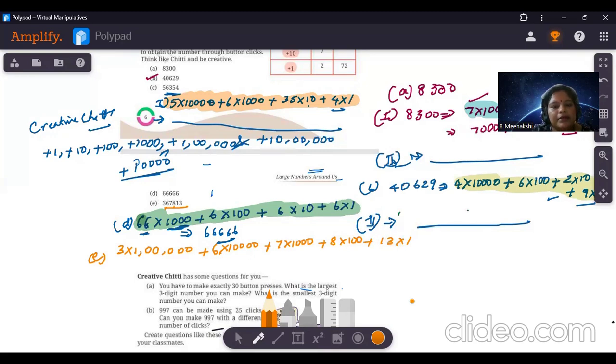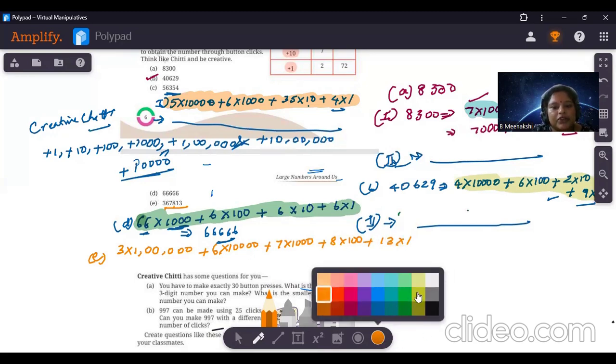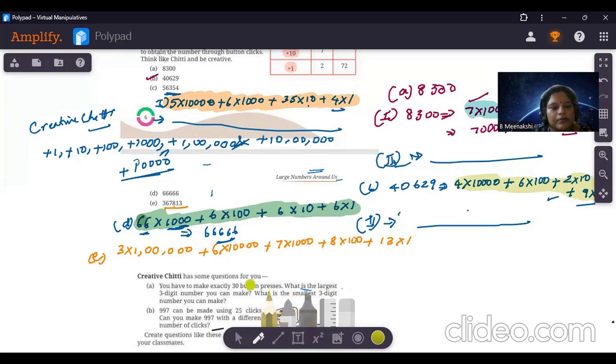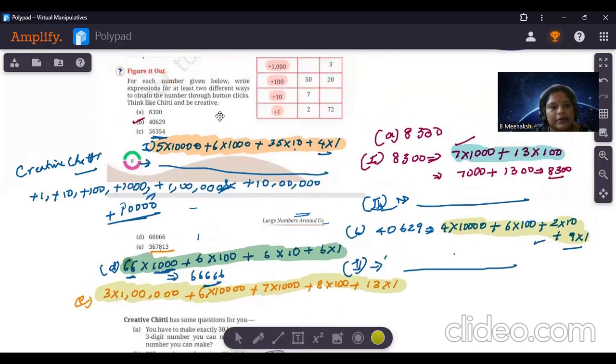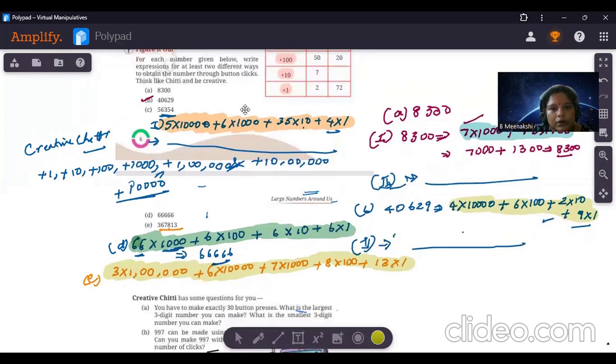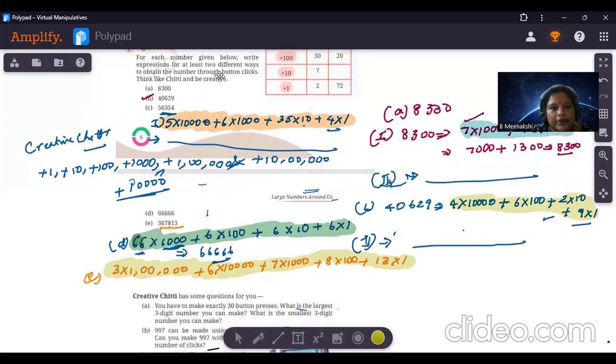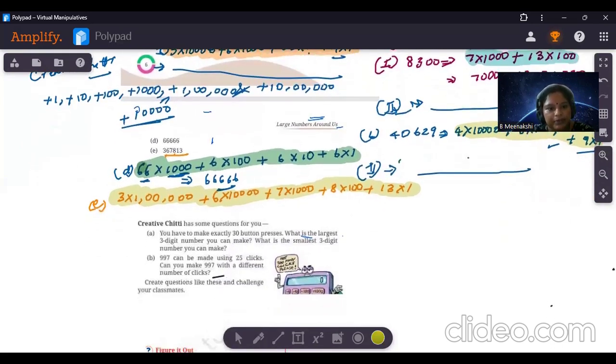Plus 1 I'm pressing 13 times. That will also give you 3,67,813. I have given you one way of writing for every one of the A, B, C, D, E. Now I want you all to write the other way of expressing and put your answer in the comment box.